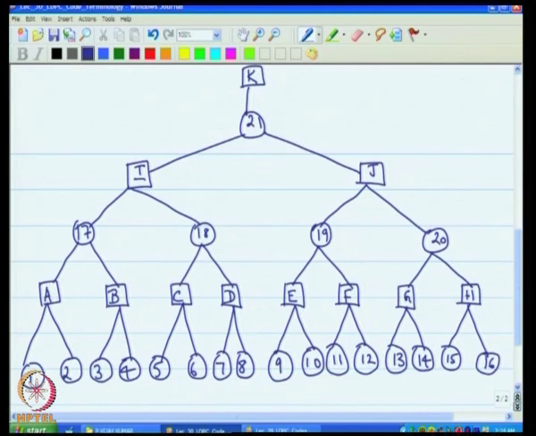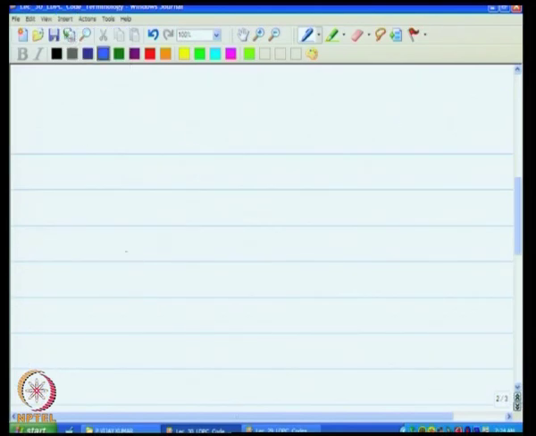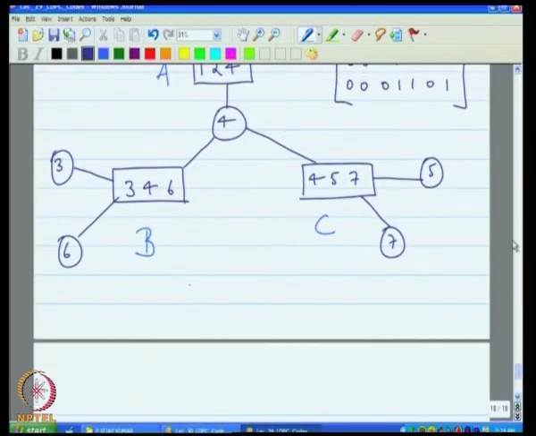Okay, so I'm going to give this graph a name and we'll call it the computational tree. And now you might ask, well, what relevance does this have to us? So let me bring back our earlier lecture.